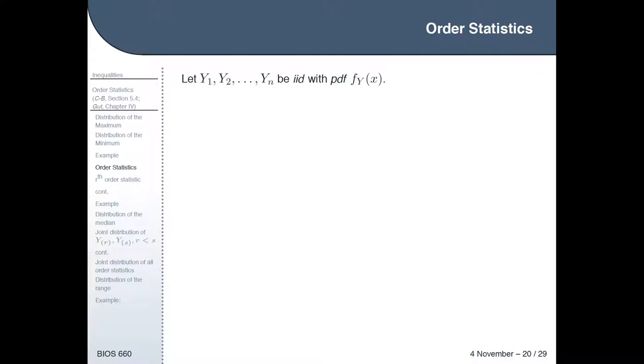So now we'll define order statistics generally. Say you have a bunch of random variables, IID, with some PDF, and we order the observations from smallest to largest. If you haven't seen this notation before, if you ever see a random variable with a subscript in parentheses, that means the order statistics.